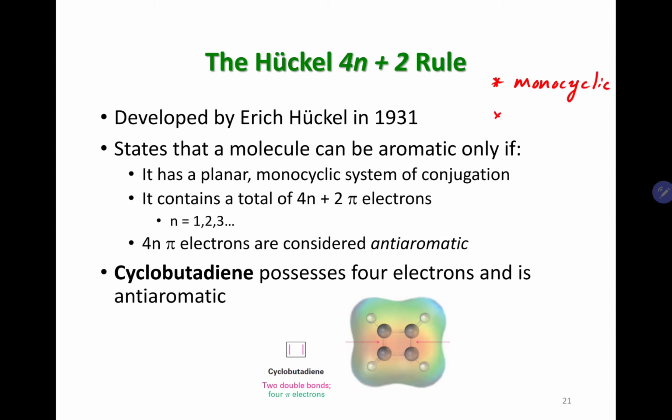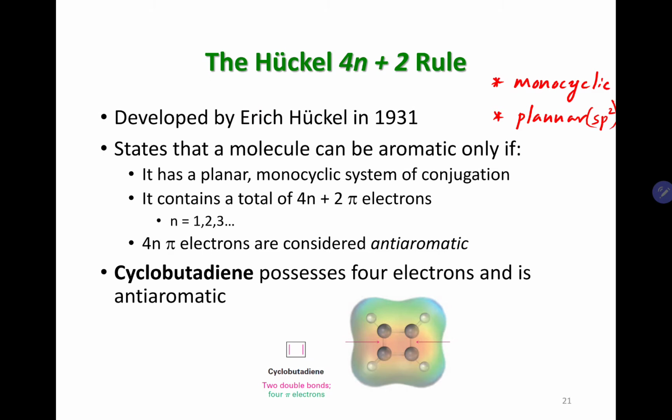Not only that, the molecule also has to be planar, which means it is better to have carbons with sp2 hybridization, because sp3 carbons have tetrahedral geometry, which is not planar. If you want planar geometry for carbons, you need sp2 hybridization, which is better than sp3.